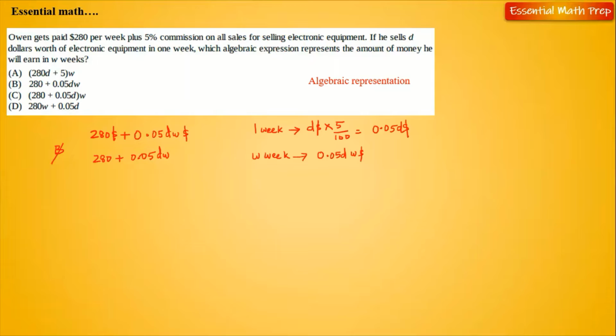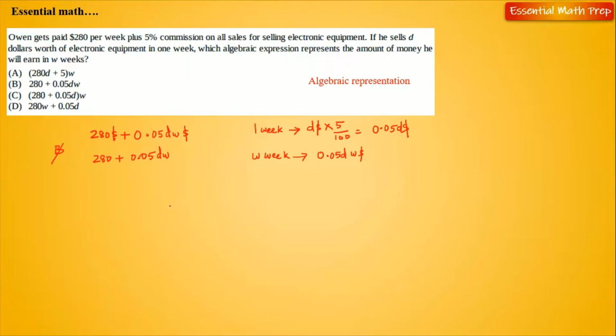But W weeks means plural, means as 7 weeks go by or 5 weeks go by, the person should continue to make the basic plus the commission. So this expression is incorrect because the basic salary is not carried over as the person goes from week 1 to 2 to 3 to 4.